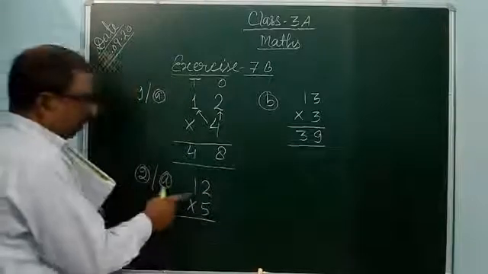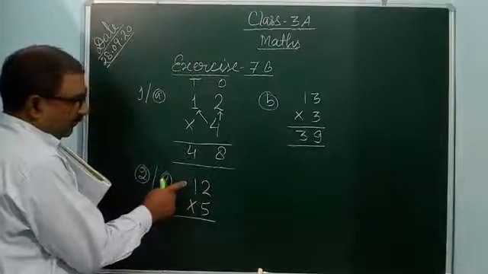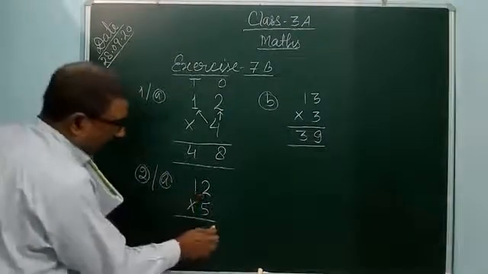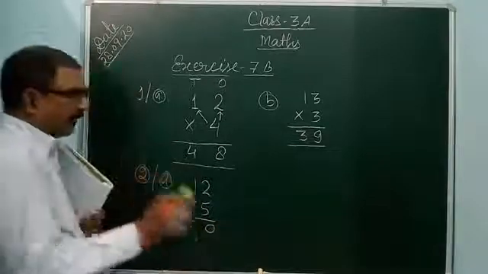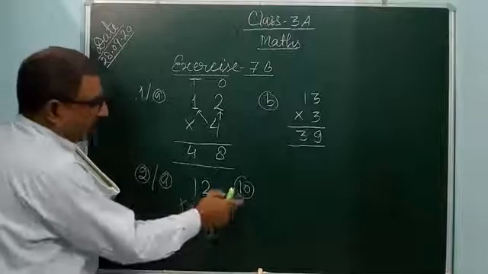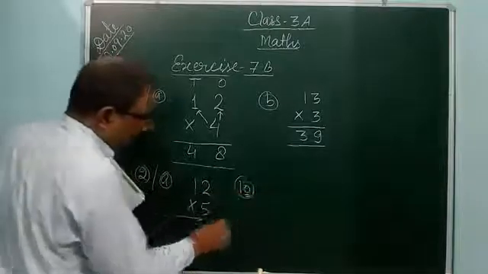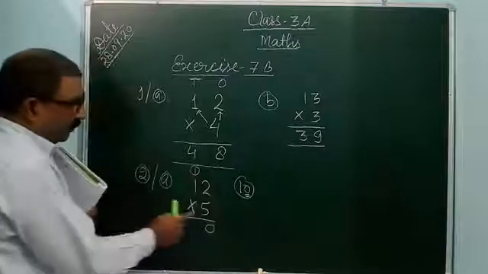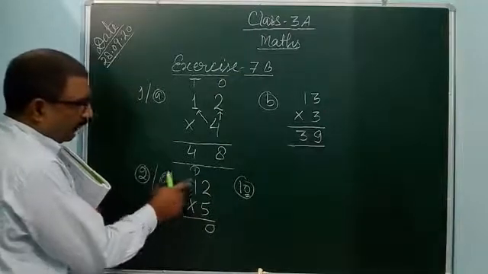You can see ones and tens. Firstly, you multiply 5 with ones. 5 twos are 10, write 0 and carry 1. 5 ones are 5 and 1 is 6.